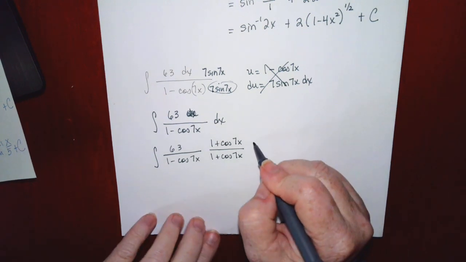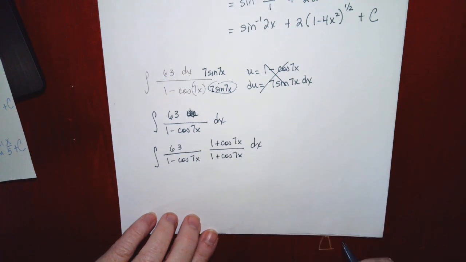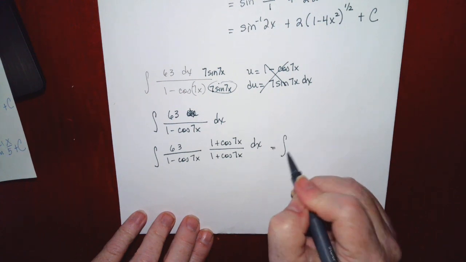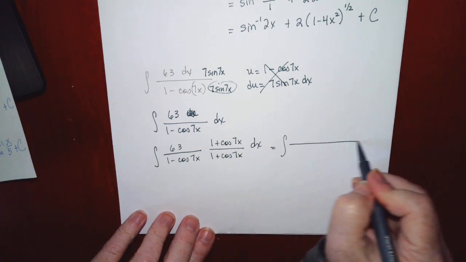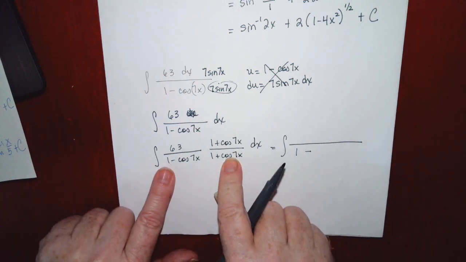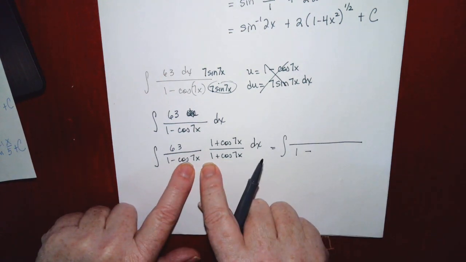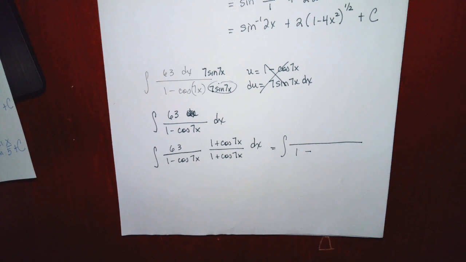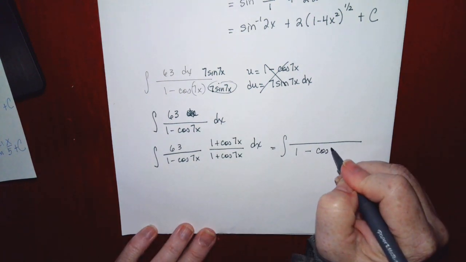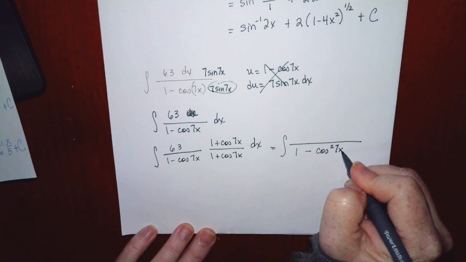And you go, why in the world would I want to do that? Well, let's just see. If we multiply the denominator out, we would have 1 plus cosine of 7x minus cosine of 7x when we multiply the outer and the inner terms together, minus cosine squared 7x.